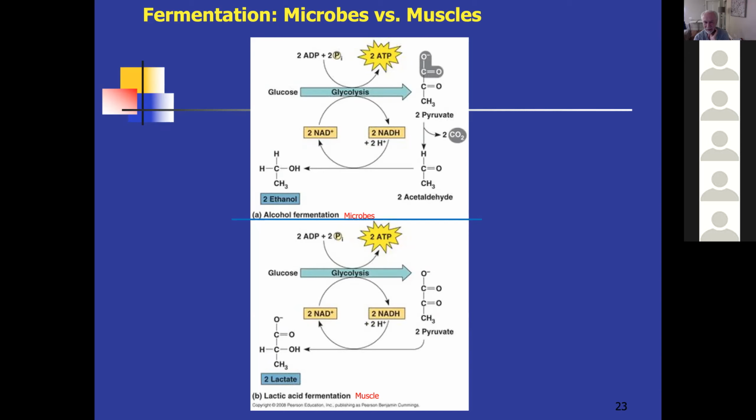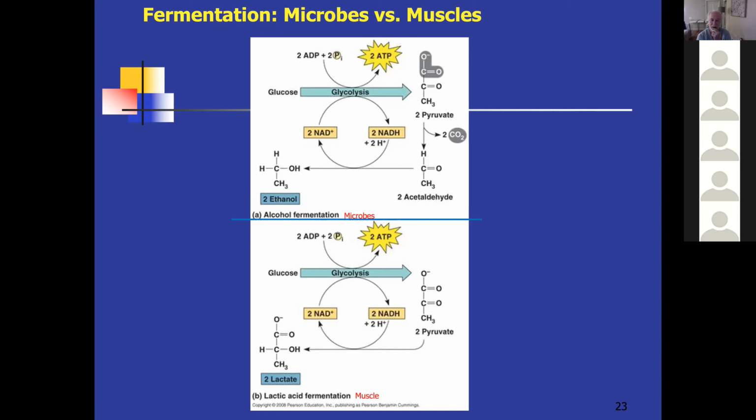Kind of. Because my understanding is that the release of the carbon dioxide is a spontaneous process. I think so. I wondered about this myself. What causes the distinction between what a yeast cell does and what a muscle cell does? I don't know what determines that difference.